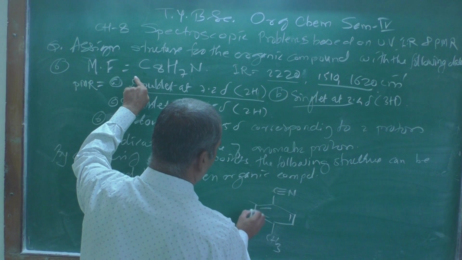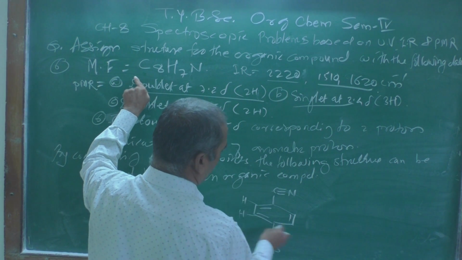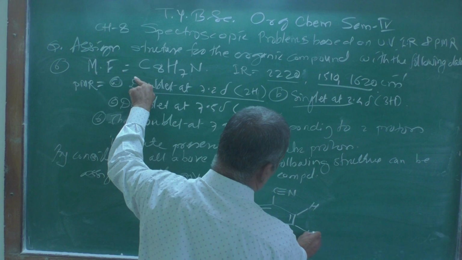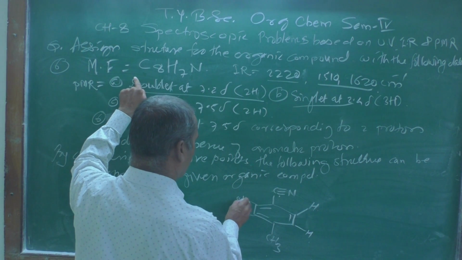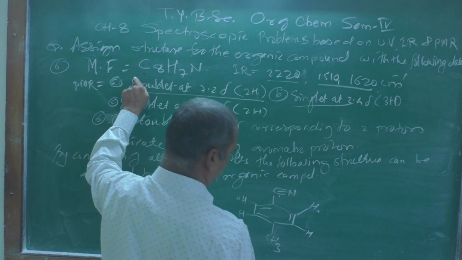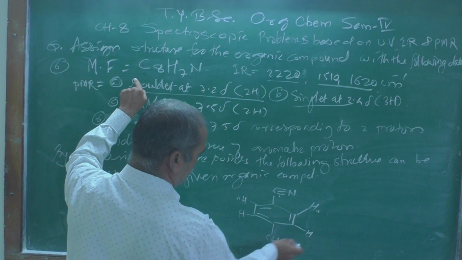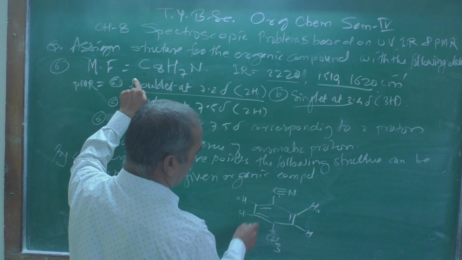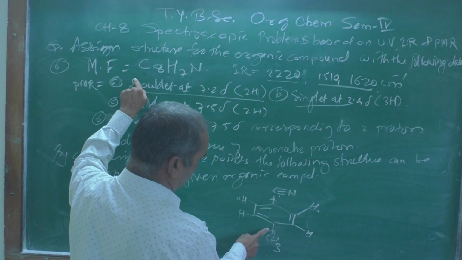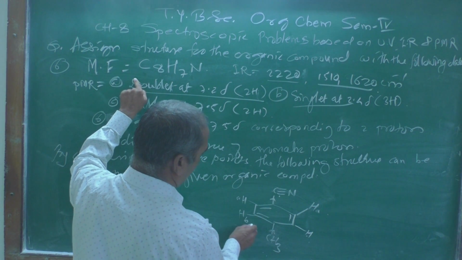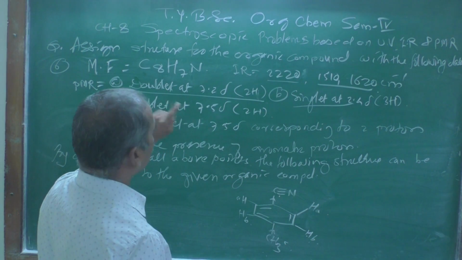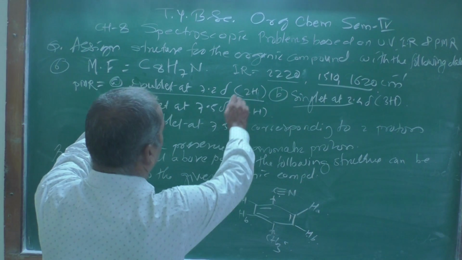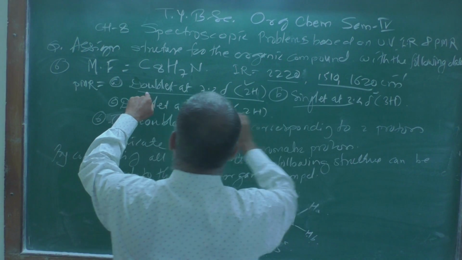Now look at the aromatic protons. These two protons nearer to the electron withdrawing group are the same, only one set. But these and these are nearer to the electron donating group, so you can call it B, and here this is C. So there are 3 sets of protons, 1, 2 and 3.